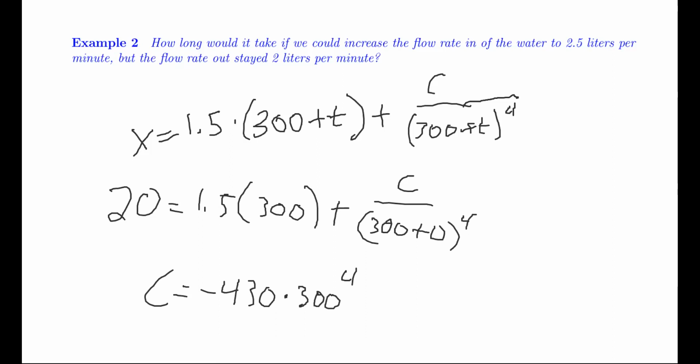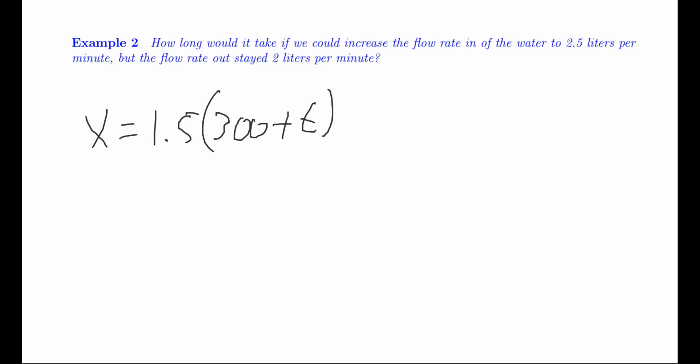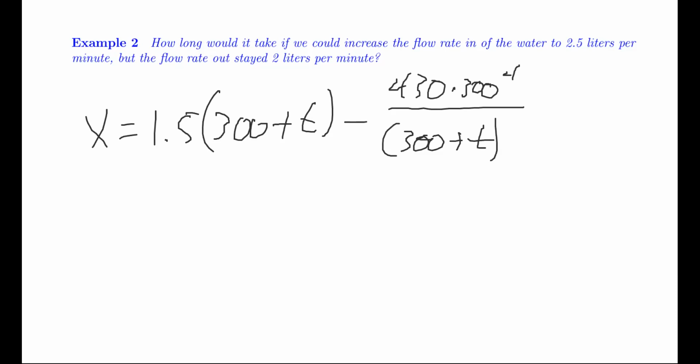Okay. So we write all that out and we get x is equal to 1.5 times 300 plus t minus 430 times 300 raised to the fourth, all divided by 300 plus t raised to the fourth power. And here's our solution.